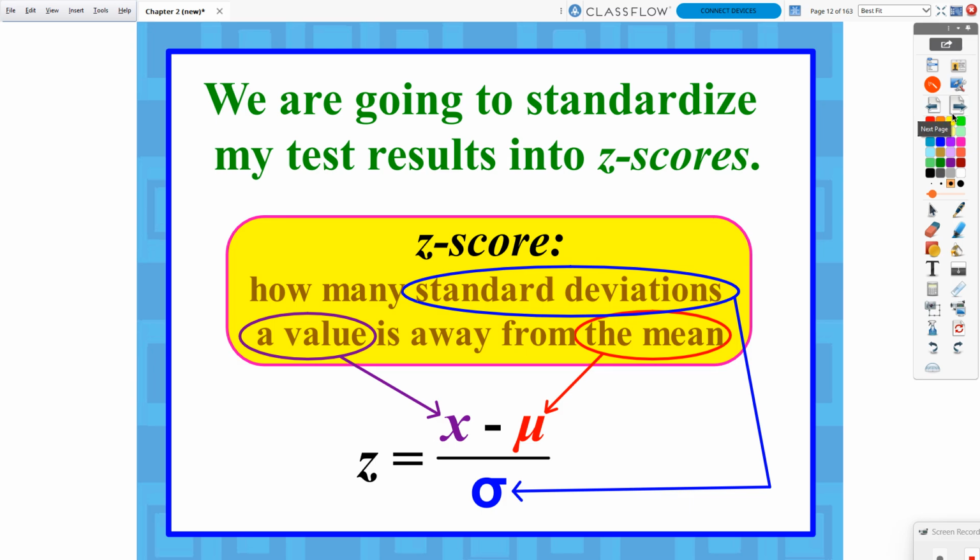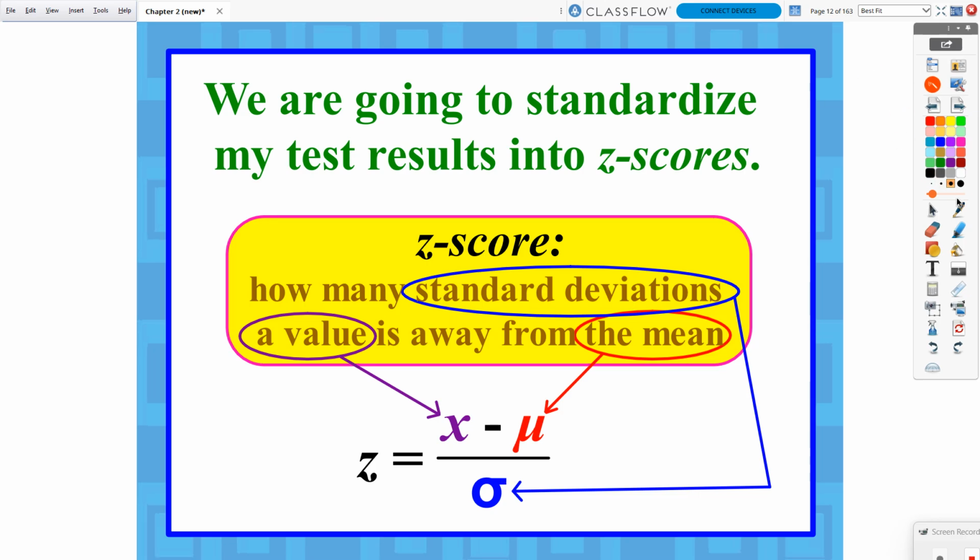And a z-score is nothing more than how many standard deviations a value is away from the mean. So our z-score formula is going to equal x, the particular value, which will be my score, minus the mean score, divided by how much a standard deviation is worth.